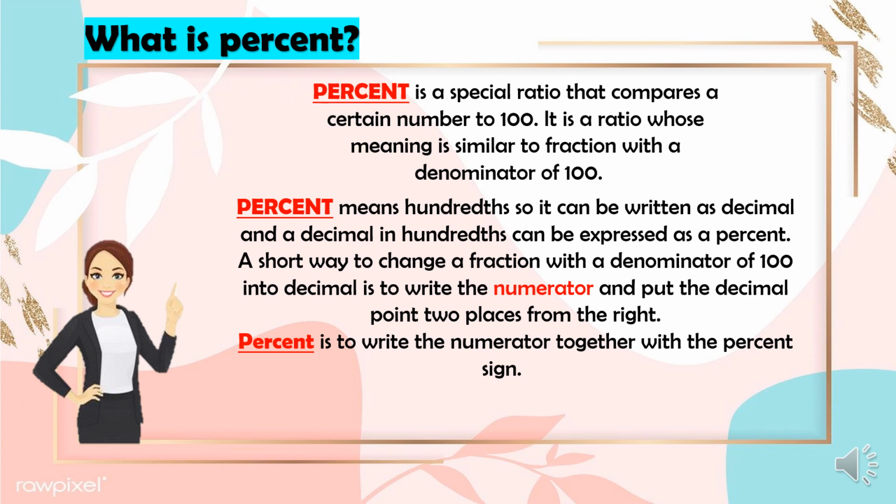A short way to change a fraction with a denominator of 100 into a decimal is to write the numerator and put the decimal point 2 places from the right. So percent is to write the numerator together with the percent sign.